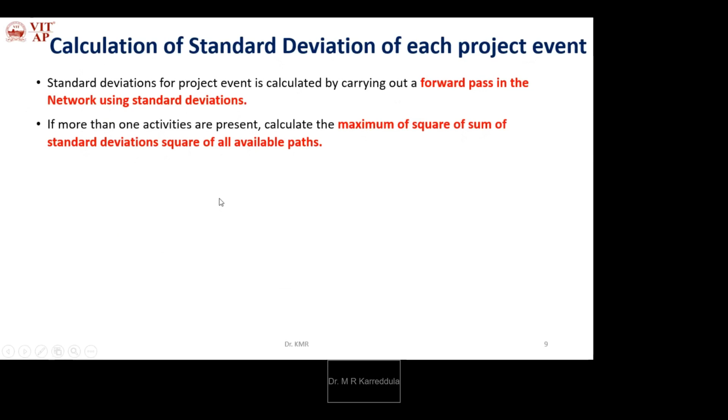We'll see one example. I have one previous event, and another previous event, so I have more than one previous event or activity. So I have to take the maximum. Consider the maximum one.